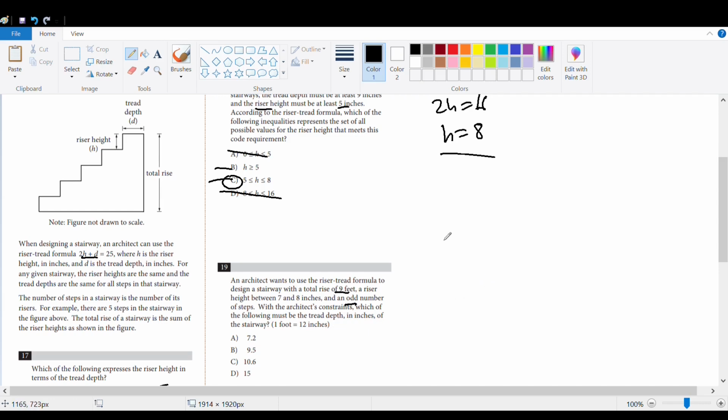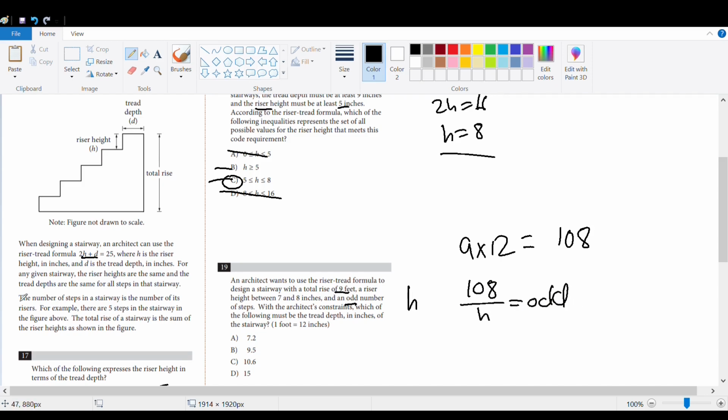With the architect's constraints, which of the following must be the tread depth in inches of the stairway? Okay, so if the total rise is 9 feet, and there are 12 inches in 1 foot, then the total rise is 108 inches. And there are an odd number of steps, and riser height is h, so 108 over h has to be odd.